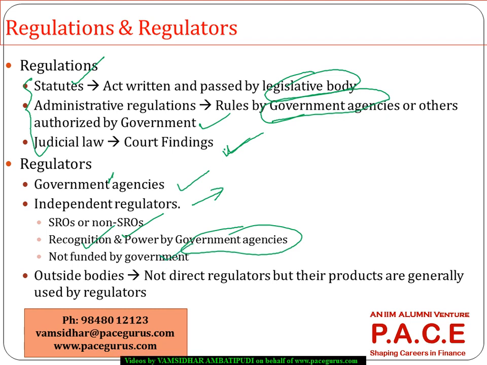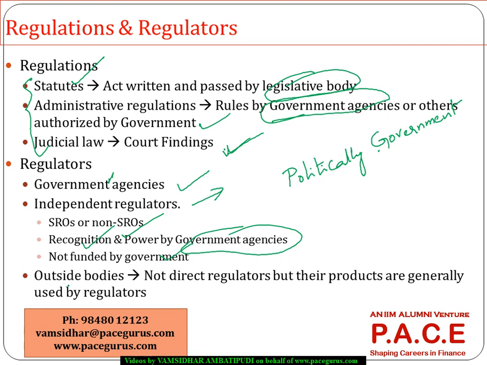The only thing is they are not funded by the government. So they are politically dependent because they are not funded by the government. There is a possibility that they are more and more biased politically, or they have pressures politically.